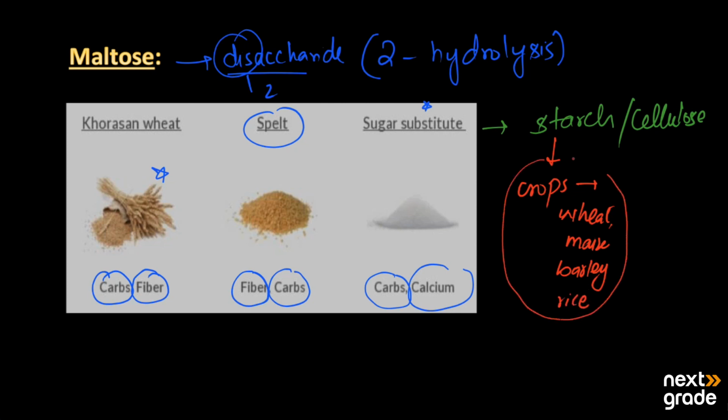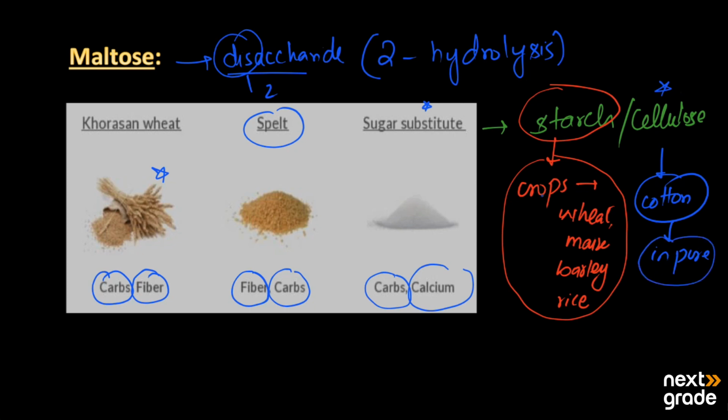All these substances contain starch. On the other hand, when we talk about cellulose, cotton in its pure state is an example of cellulose.